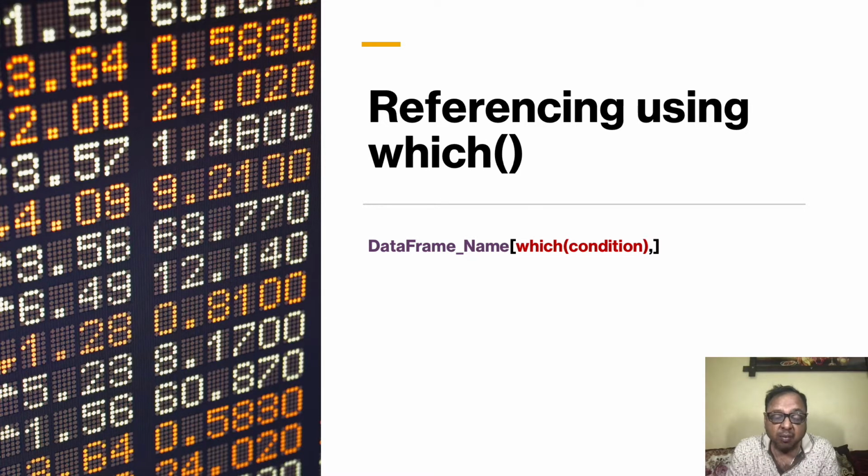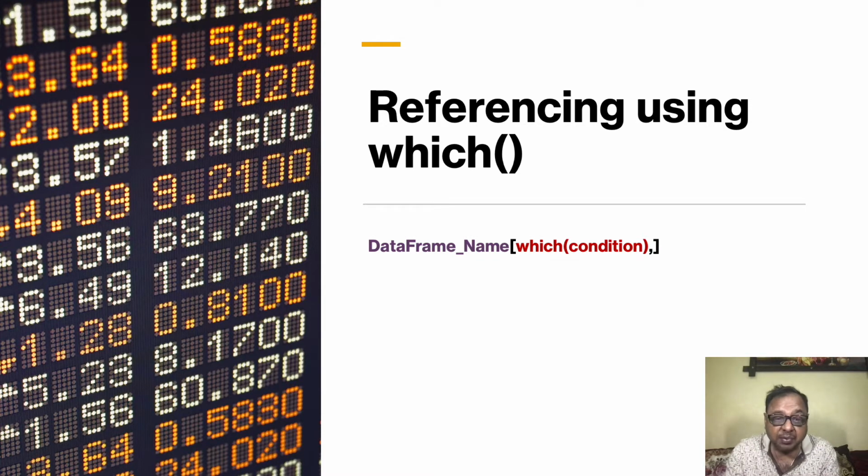So we need to give a comma so that we say that the column numbers are either empty, or we can give a set of column numbers which have to be fetched. If we give just the comma and do not keep column numbers, all the columns of the data will be fetched. If you want specific columns, we can give a specific column number or a column name, or we can give a vector of column numbers or column names.